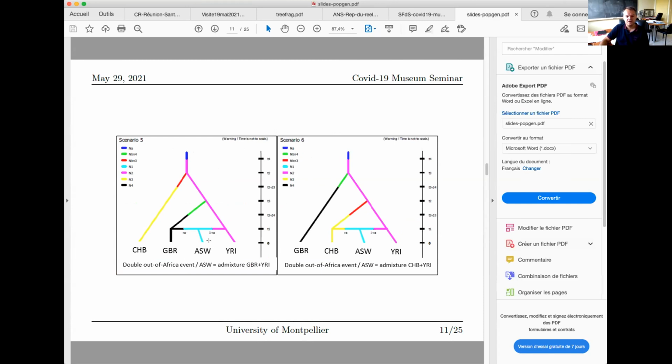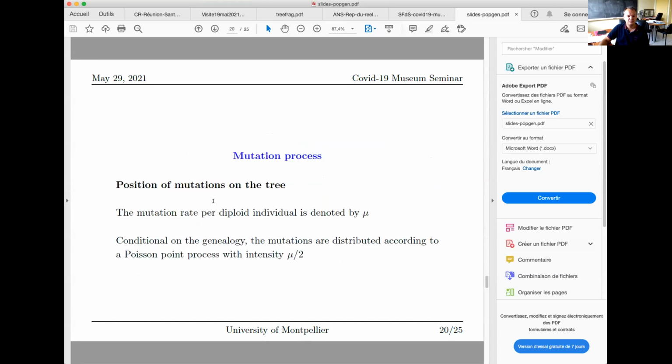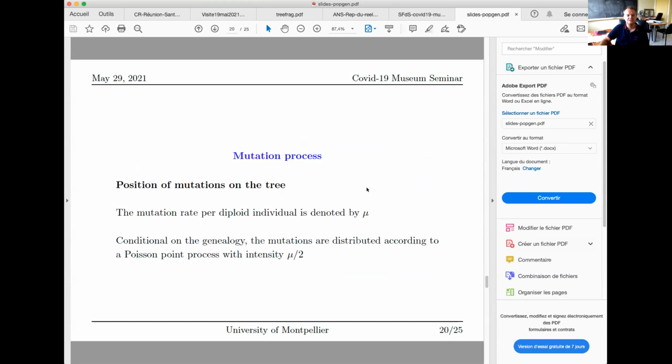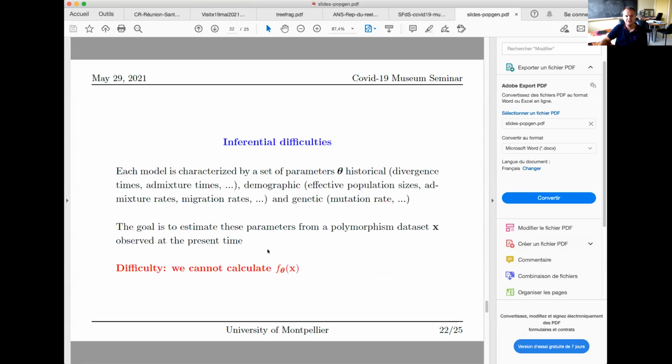Here, American of African origin and European one. So you see, and you can have also some sort of admixture, some sort of migration between populations, and we have a mutation process. So you have this big model until the most recent common ancestor for each locus. We have this big model.